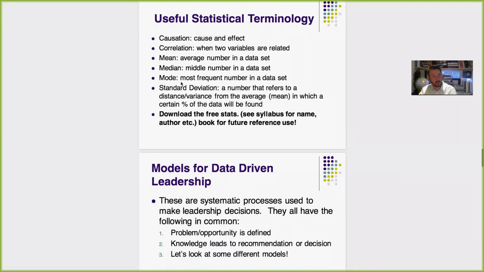Mode is the most frequent number. So once again, if we have the numbers and there's 10 runners, and say there happens to be 3 people that pass the finish line. I know this is not a great example, because you can always separate people when they're running a race by fractions of seconds.